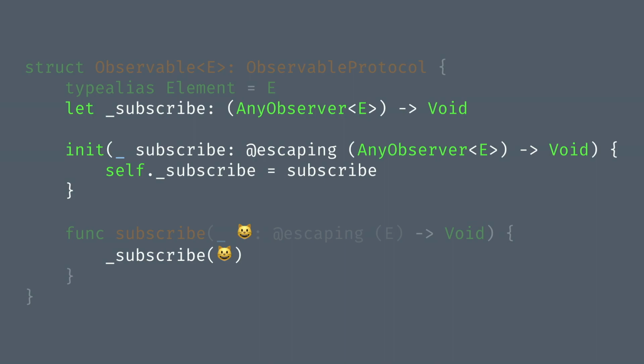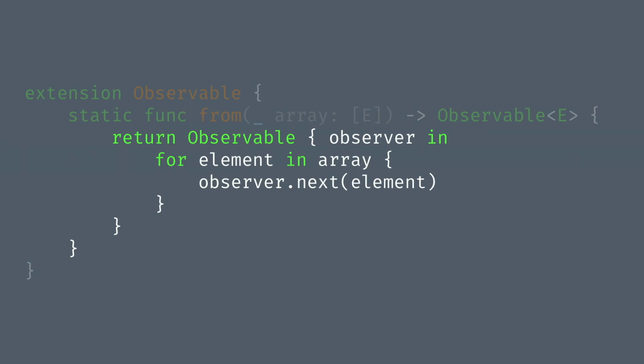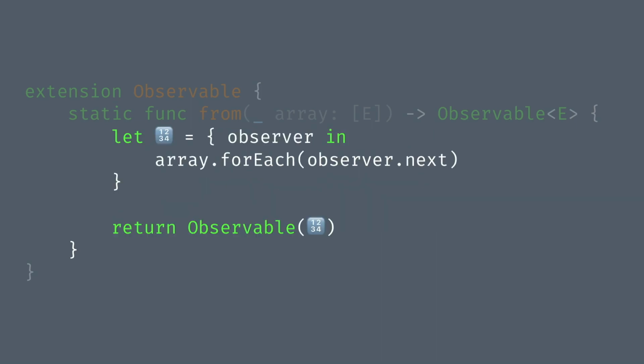And how is the observable created? It was created from an array, right? We created this observable using observable.from, passing 1, 2, 3. So actually what we're passing is this closure that is called for every observer, and every observer will receive every element of that array.